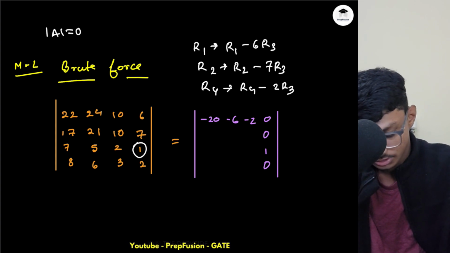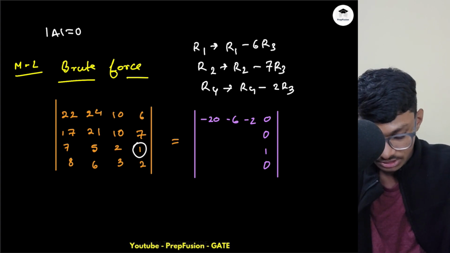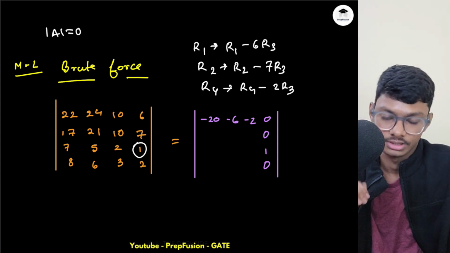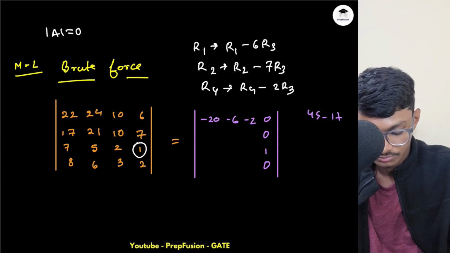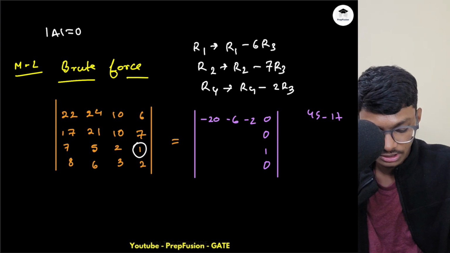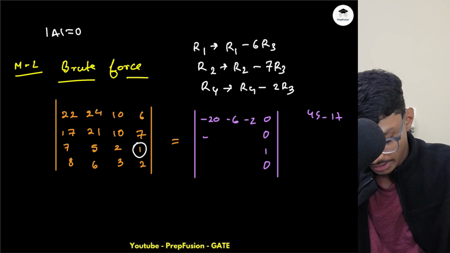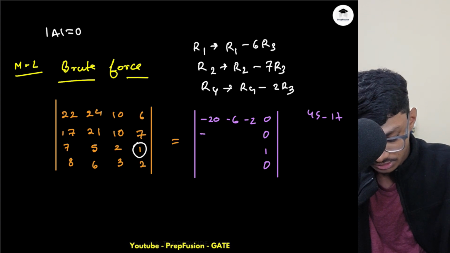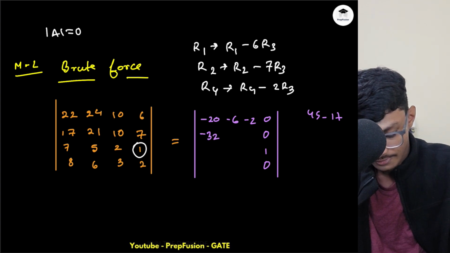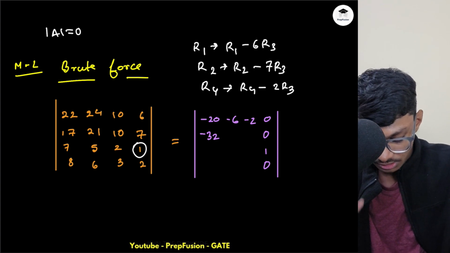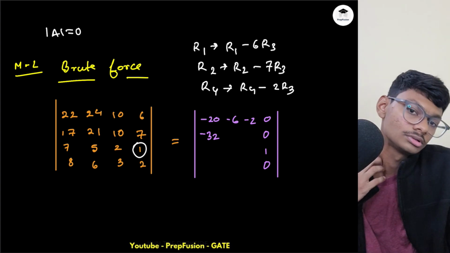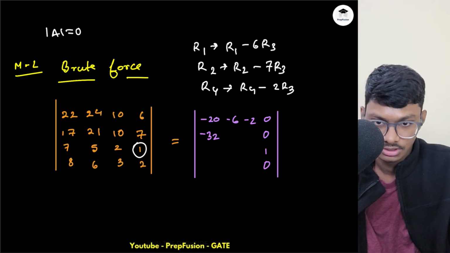Now let's do the second row. So 49 minus 17, you can do it by hand, which is 32. So this will be minus 32, because the 17 is in front. Then 7 times this, so 35 minus 21, which is minus 14.